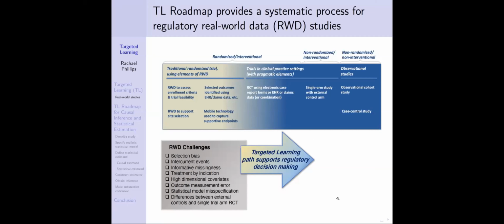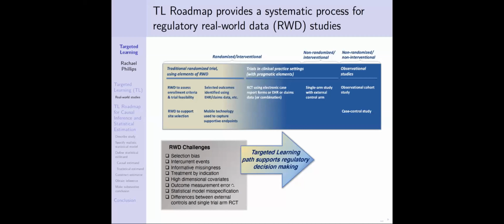And here are some of the challenges with integrating real world data. We might have selection bias or intercurrent events, which are events impacted by the treatment that occur after it's received. We might have informative missingness or informative loss to follow-up. Treatment by indication, high dimensional covariates, such as covariates from electronic health record data or covariates derived from natural language processing.